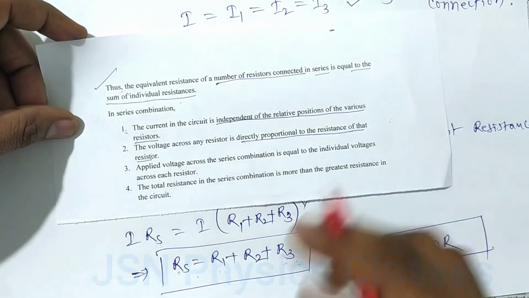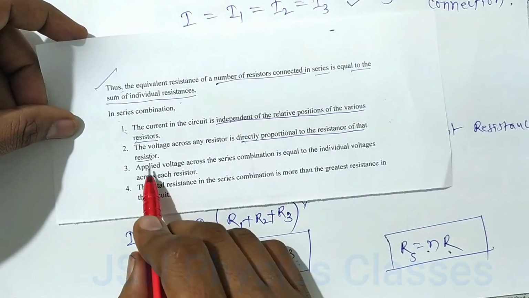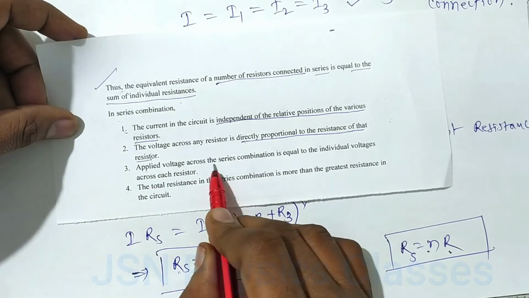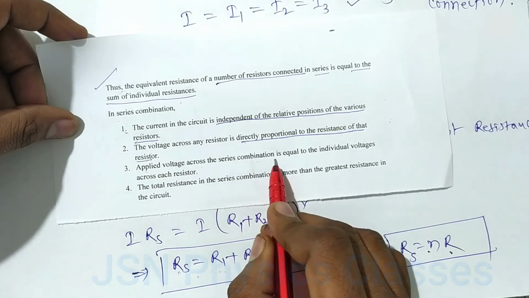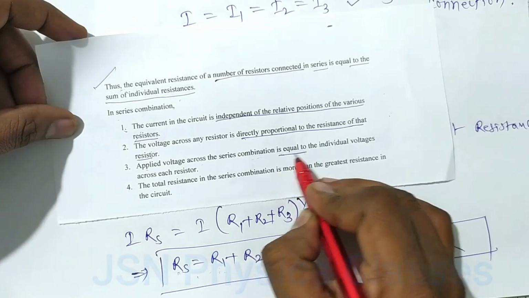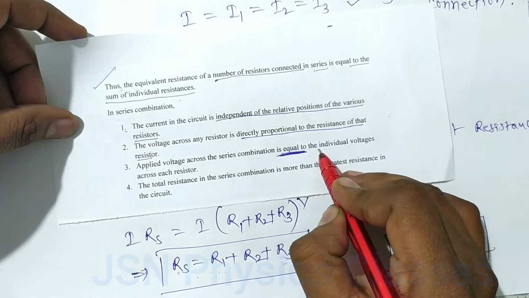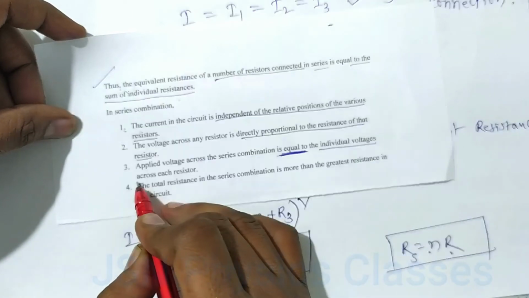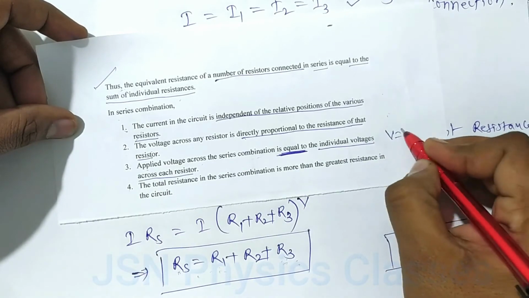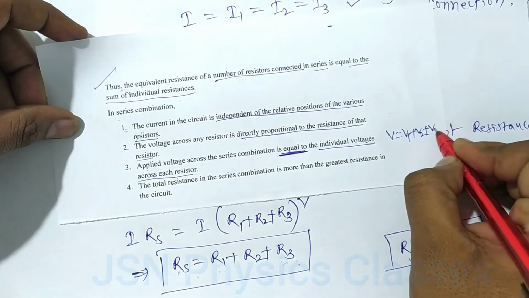The voltage is always in direct relation, and the applied voltage across the series combination is equal to the sum of the individual voltages across each resistor. That means V is equal to V1 plus V2 plus V3.